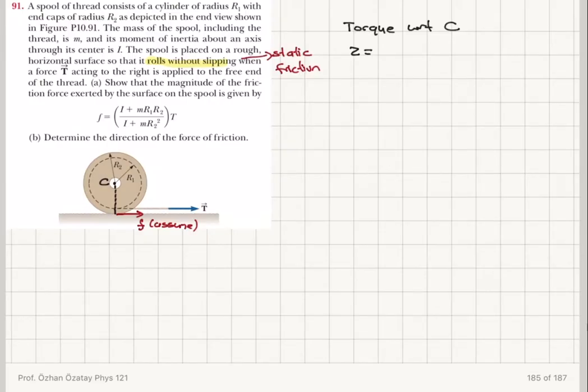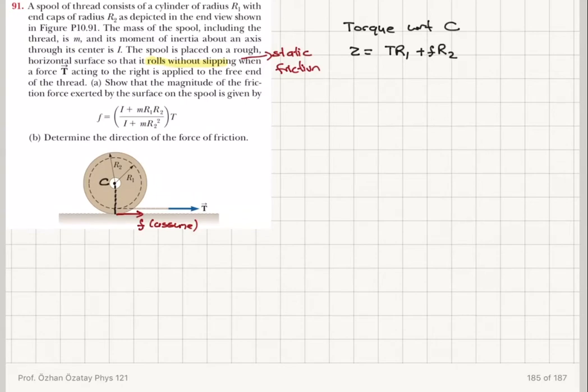I will find that the torque due to my tension is R cross T. So I find the distance between the T and the center location is R1. So it's T times R1, and it is causing a counterclockwise rotation, R cross T, so it's a positive torque.